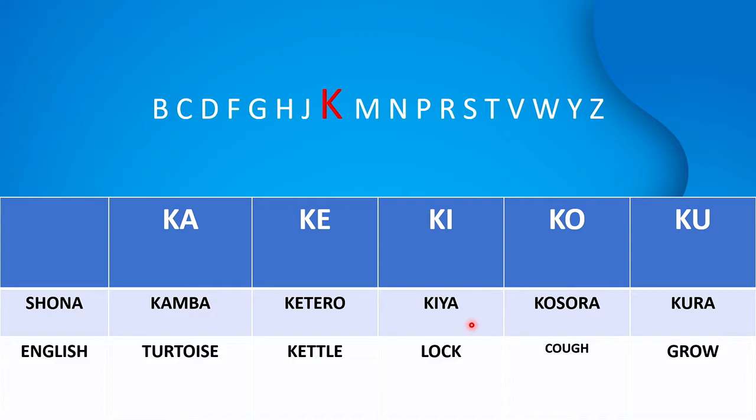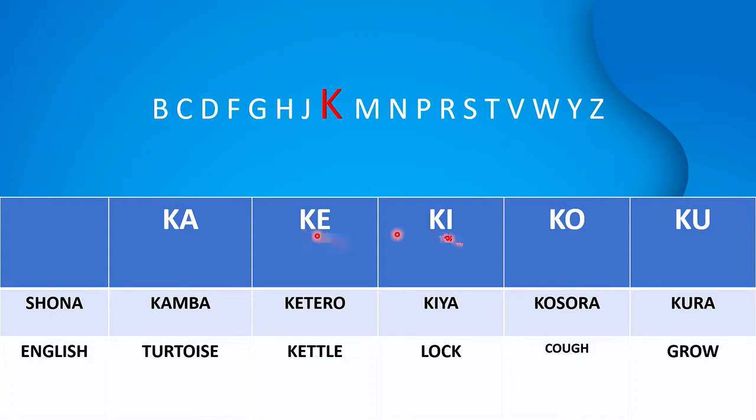So, combining the letter K with the Shona vowels is pronounced as follows. When we combine the letter K with the vowel A, we pronounce it as Ka, Ka, Ka. When you combine it with the vowel E, it's Ke, Ke, Ke.